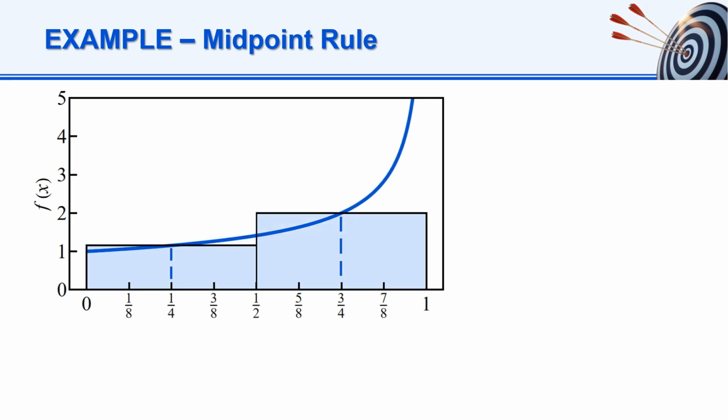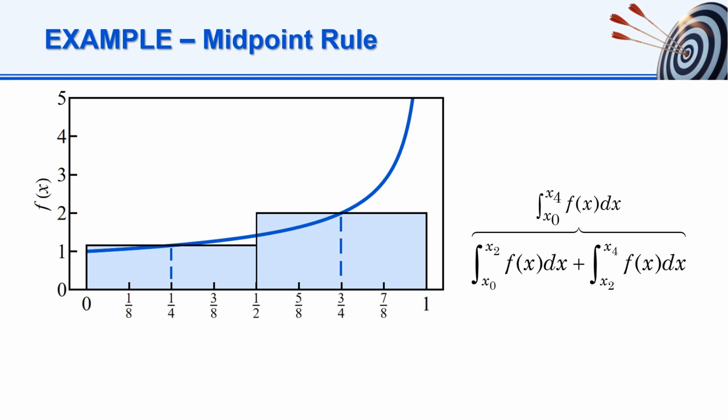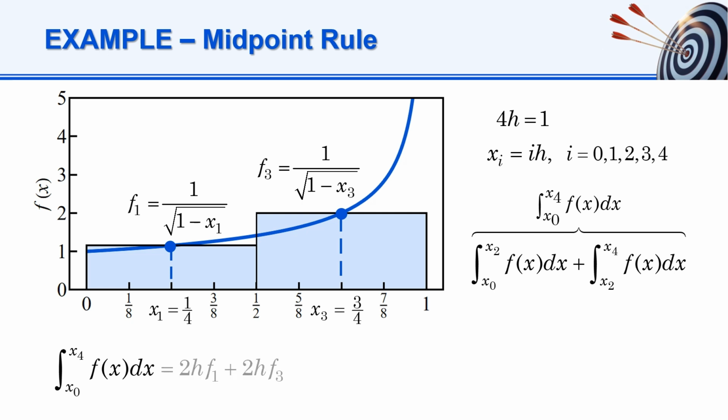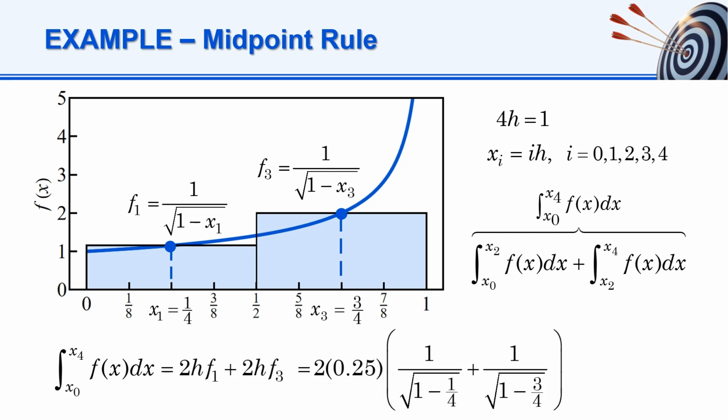Next, we split the integral into two integrals over the subregions with a width of 0.5. We find the midpoints of each region and corresponding ordinate, and then we apply the midpoint rule to each integral. Performing the numerical calculations, we obtain 1.577350.